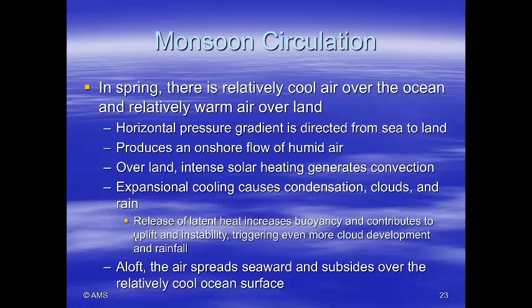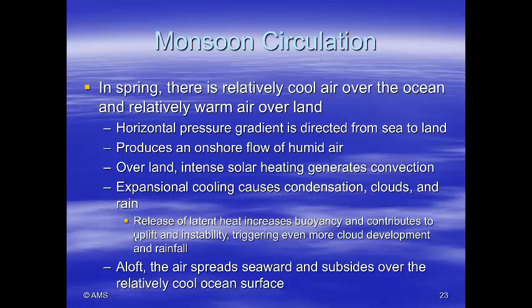This produces an onshore flow of humid air. Over the land, intense solar heating generates convection, and expansional cooling causes condensation, clouds, and rain. This release of latent heat increases the buoyancy, and it actually contributes to the uplift and instability, triggering even more cloud development and rainfall.